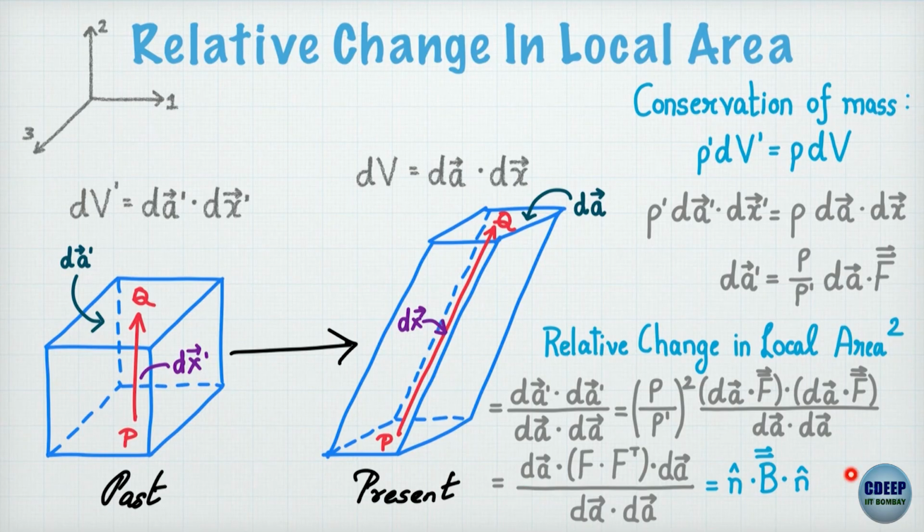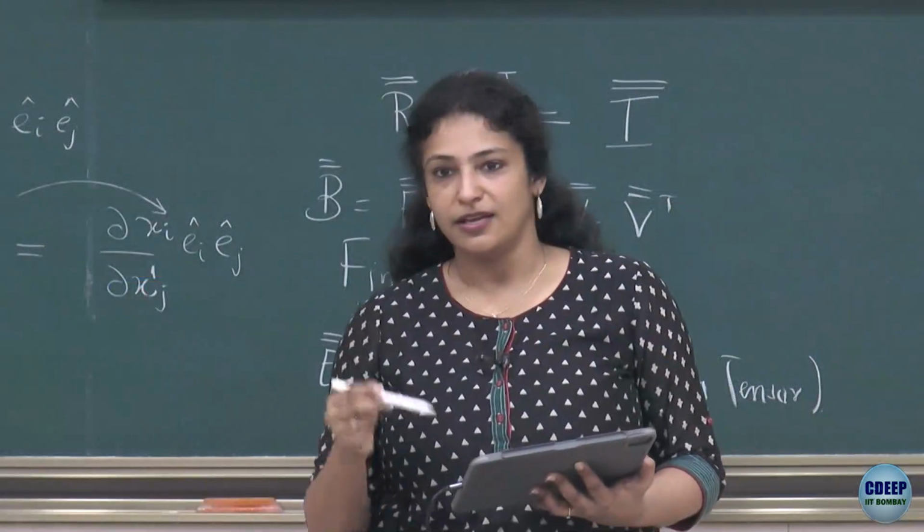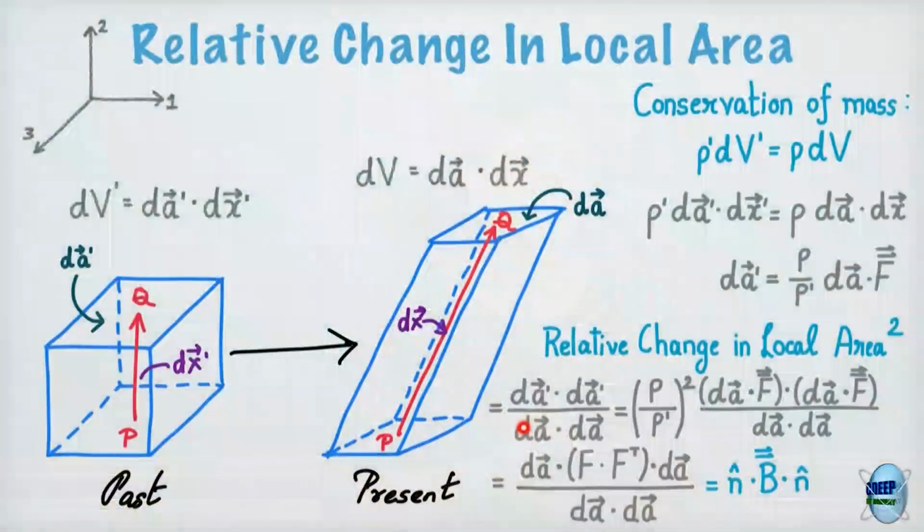So, in a sense dA by dA is just the unit vector in the direction of the area normal to that plane. So, n dot B dot n is nothing but the ratio of the squares of the areas, the past area divided by the present area, right.